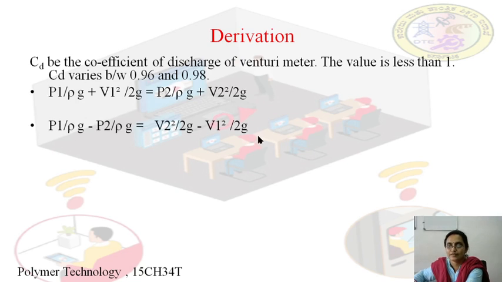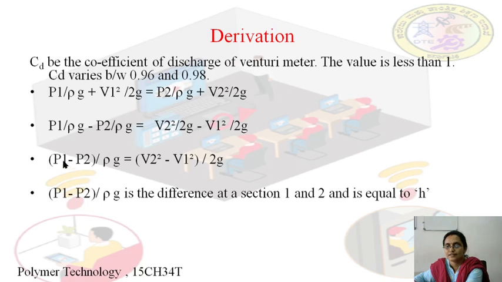Then from the equation we can get P1 by rho g minus P2 by rho g equal to V2 squared by 2g. We can bring this term to the right hand side, V1 squared by 2g. Now P1 minus P2 by rho g is equal to V2 squared minus V1 squared by 2g.